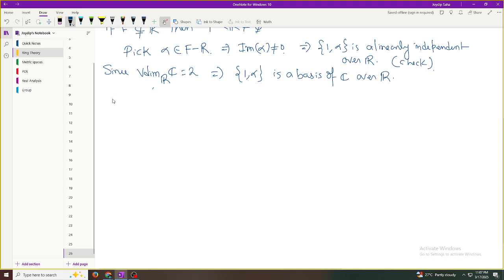So any z belonging to C, there exist a, b belonging to R such that z can be written as a times 1 plus b times alpha, that is a plus b alpha.